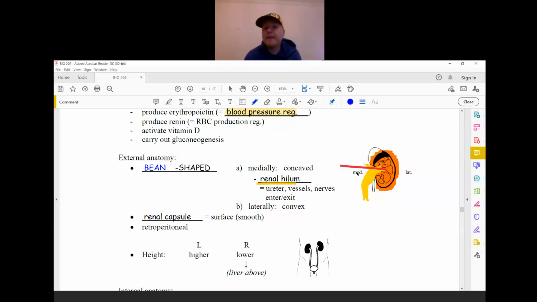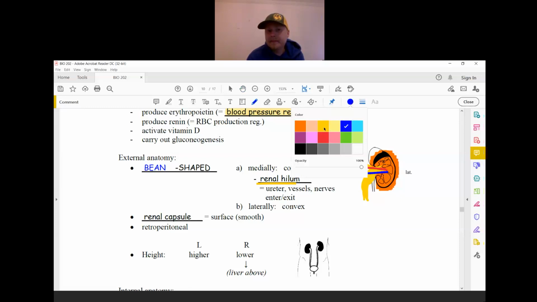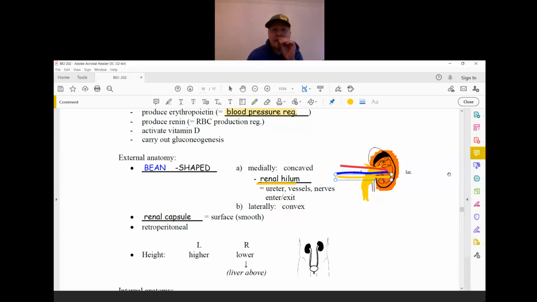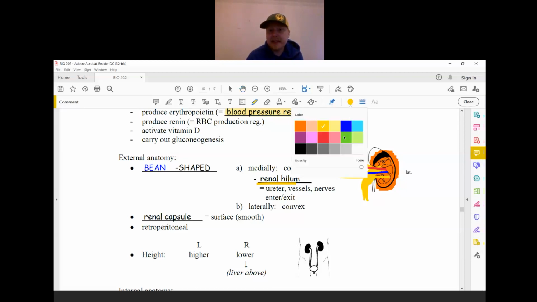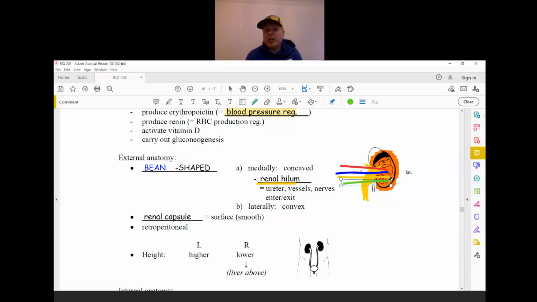And we have nerves coming in and leaving, and we even have lymphatic vessels leaving. So you'll notice a lot of stuff going to the kidney.